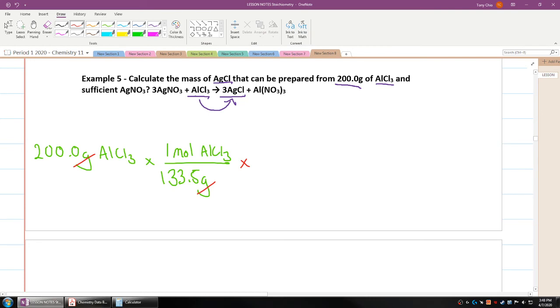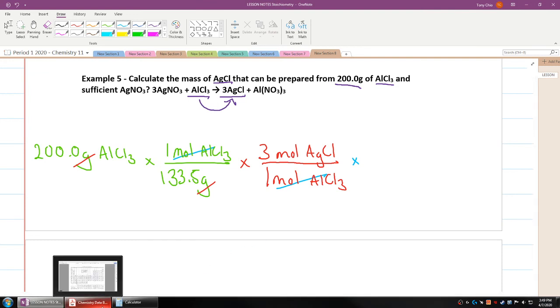I now got to cross the mole bridge. There's 1 mole of aluminum chloride per 3 moles of silver chloride. So that means I put 3 moles of silver chloride over 1 mole of aluminum chloride. So as you see here, our moles of aluminum chloride cancels out. My last step is to now convert my moles of silver chloride into mass of silver chloride.